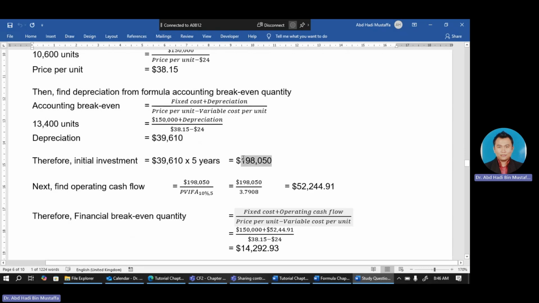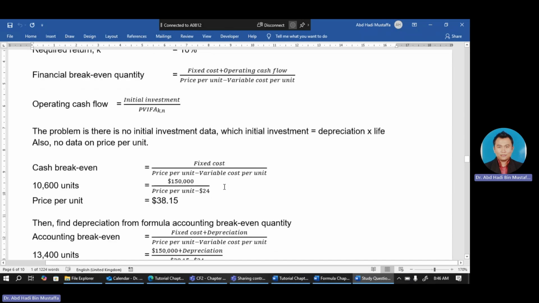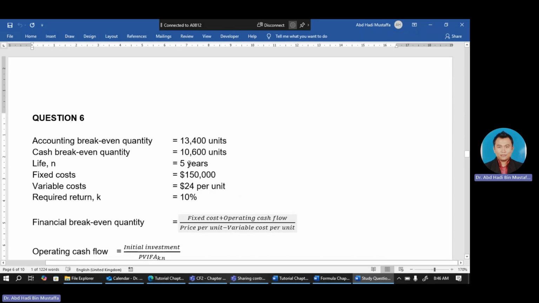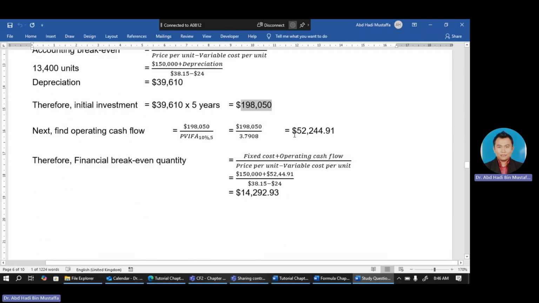With this amount, you can find OCF: 198,050 divided by PVIFA at 10% and 5 years. So you get 52,241. Then you can calculate the financial break-even.